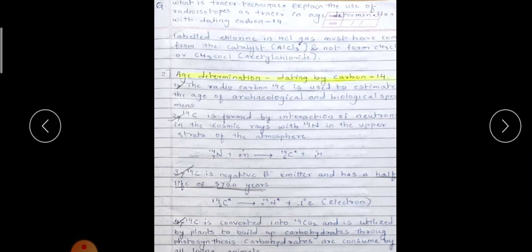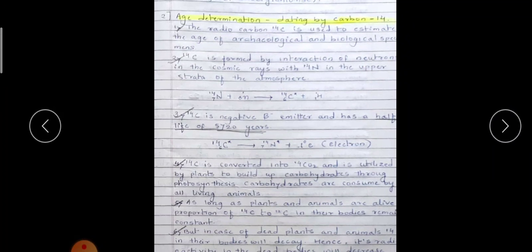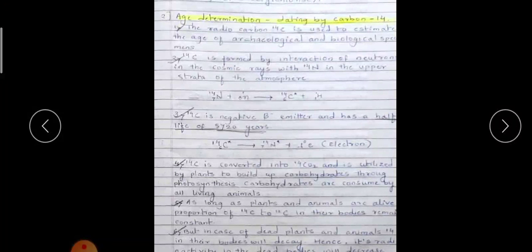This 14C can be easily converted into 14CO2 and is utilized by the plants to build up the carbohydrates through photosynthesis. Carbohydrates are consumed by all living animals. As long as the plants and animals are alive, the proportion of this 14C and 12C in their bodies remains constant.